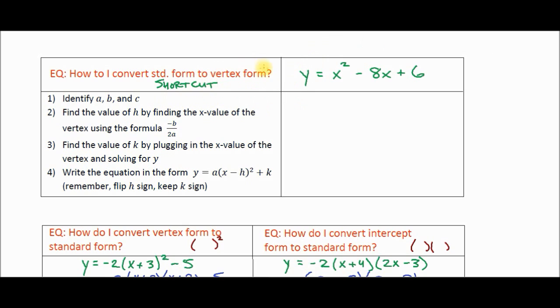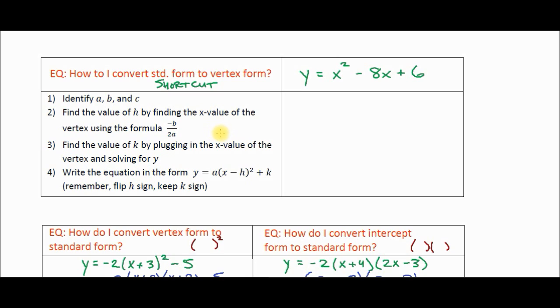Okay, how to convert standard form to vertex form? Well, let's think about this, class. Vertex form just needs to know three things: the value of a, the value of h, and the value of k. And h and k come from the vertex. So if we can just figure out what the vertex of the standard form quadratic is, we've got our vertex form.